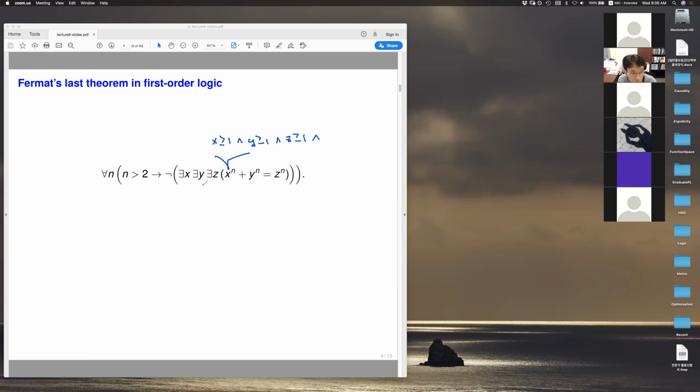This is exactly the statement of Fermat's theorem, which we can express in first order logic. So you can see why theorem proving is not going to be very easy. Especially if you ask for theorem proving for first order logic with respect to a particular model coming from number theory, answering this question by a theorem prover essentially amounts to proving Fermat's last theorem. That's not going to be very easy.